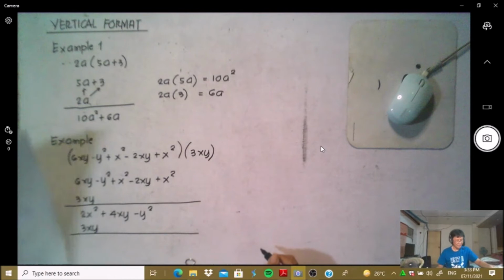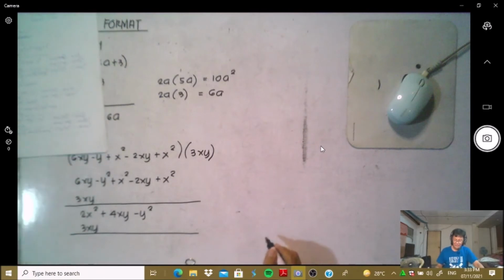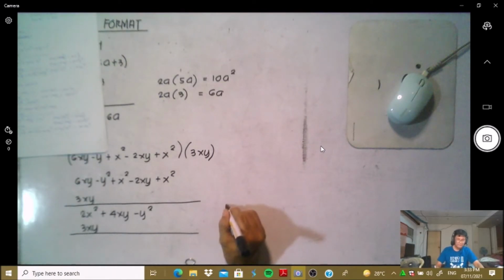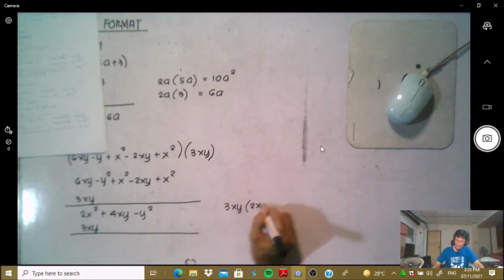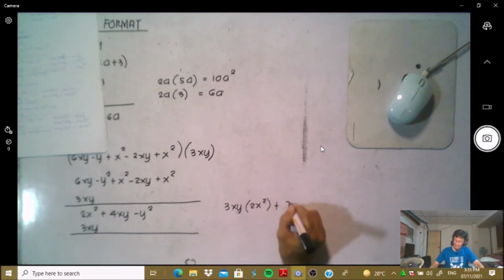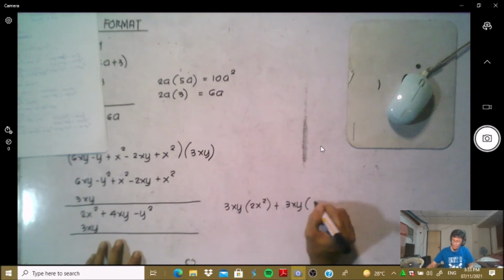Okay, so we have to do it like this. We have to multiply first 3xy with 2x squared. Then again multiply 3xy to 4xy.